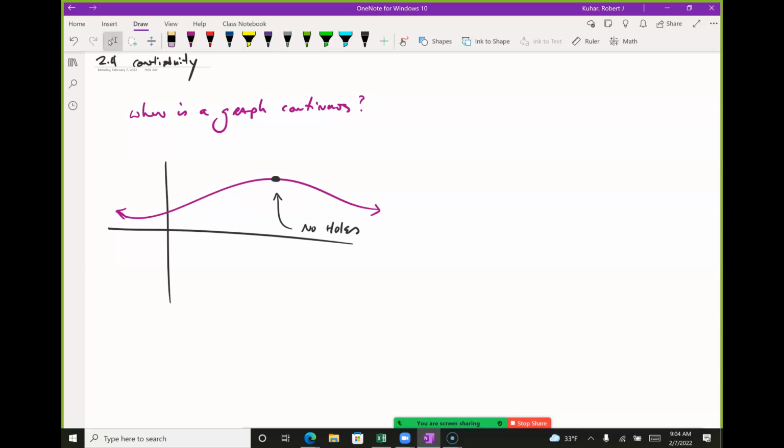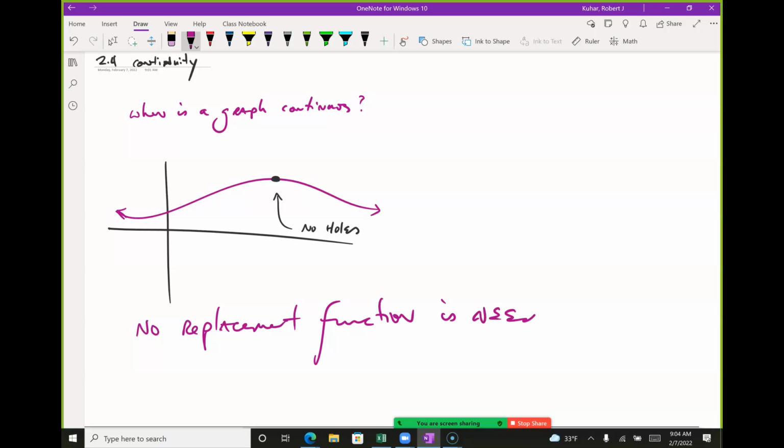So when is a graph continuous? It's obviously no holes, right? So what's going to be true about this? No replacement function is needed for the limit, right?